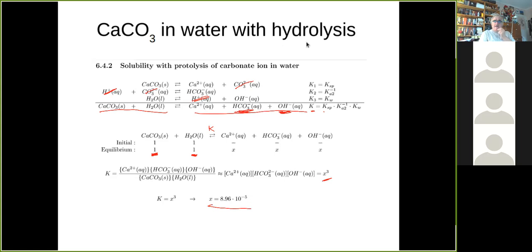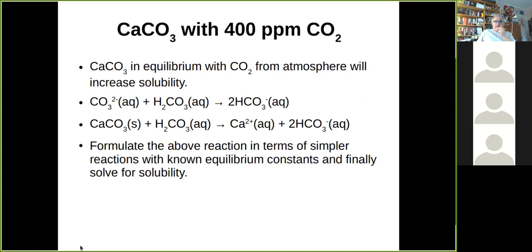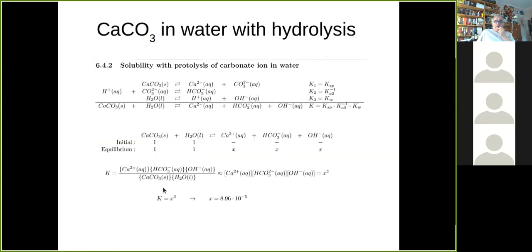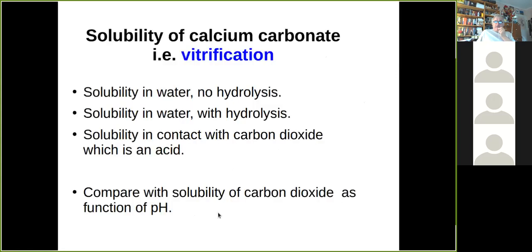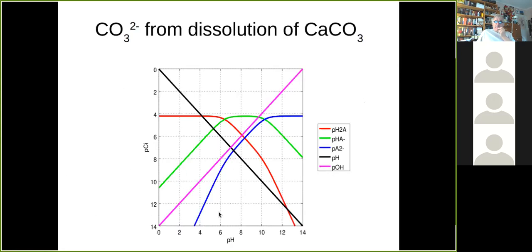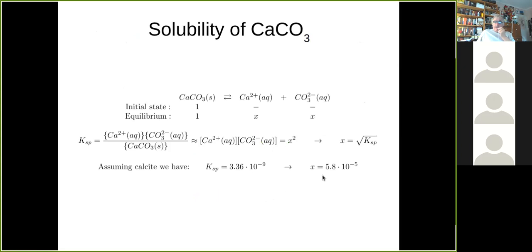Is this different from what we had before? Let us remember 8.9 times 10 to the minus 5. What did we have before? Before we had 5.8 times 10 to the minus 5. This is without hydrolysis with water.